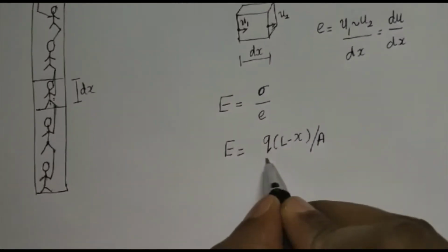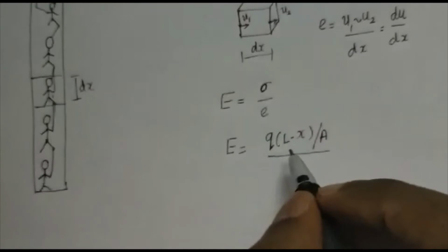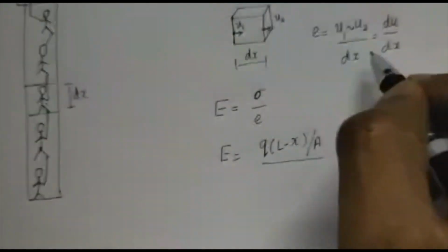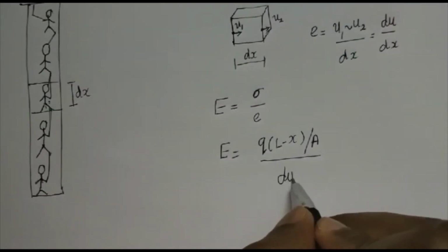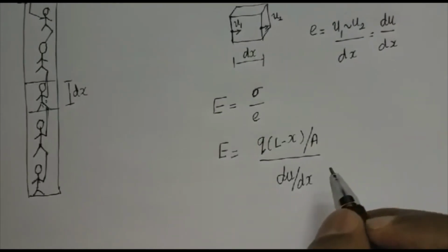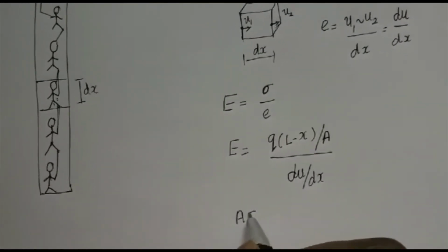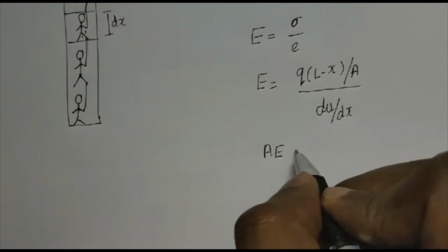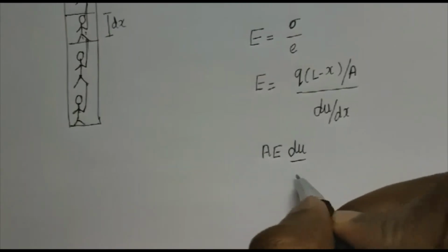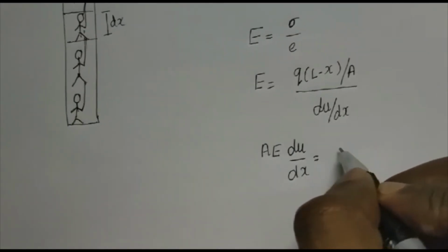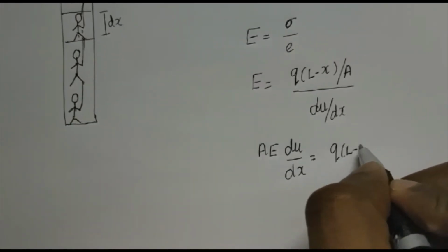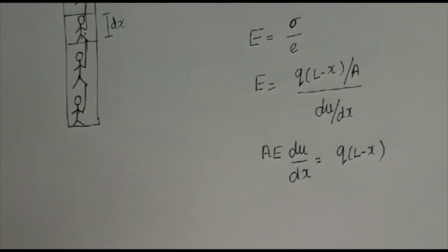So for strain, I can simply put this value of du by dx. So I can rearrange this equation and rewrite it mathematically. Mathematics is just like arranging objects. It is AE into du by dx is equal to q into L minus x. I have just rearranged the equation mathematically.